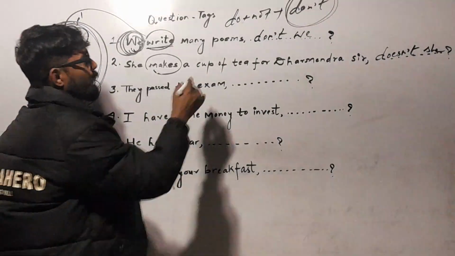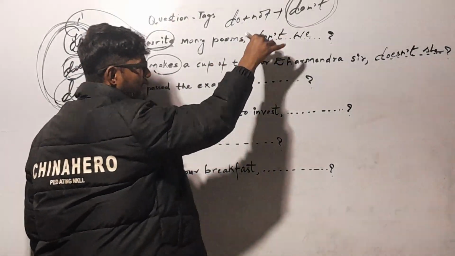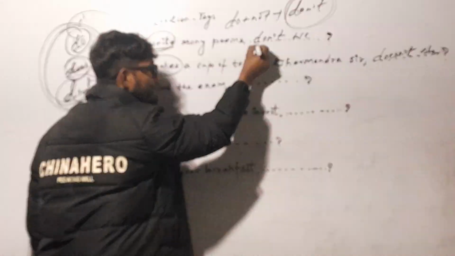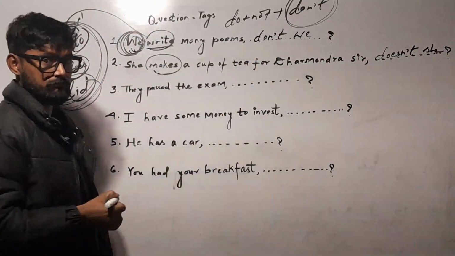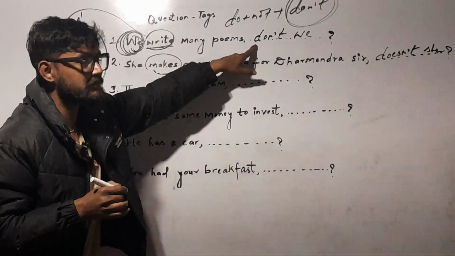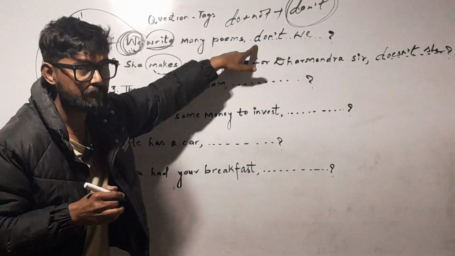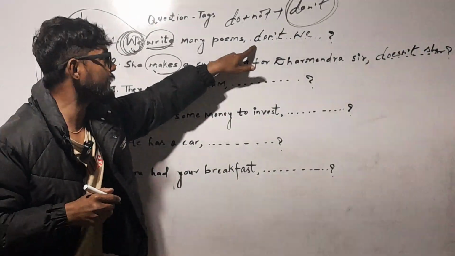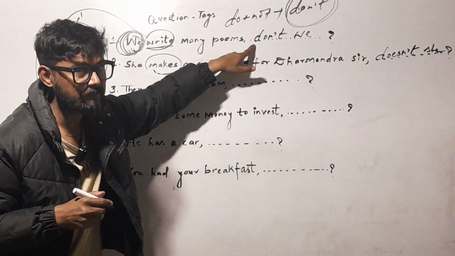And remember that when we write the tag here, it must start with a small letter. Remember, it must start with a small letter. If we use a capital letter, then it becomes wrong.